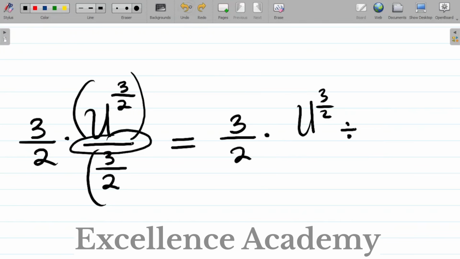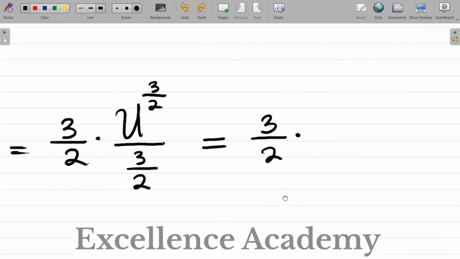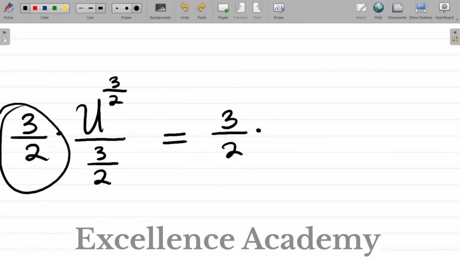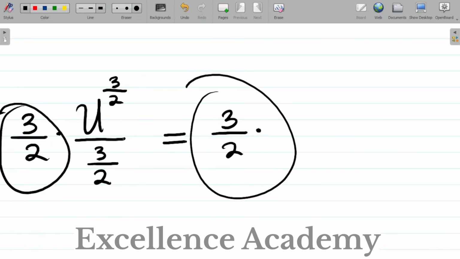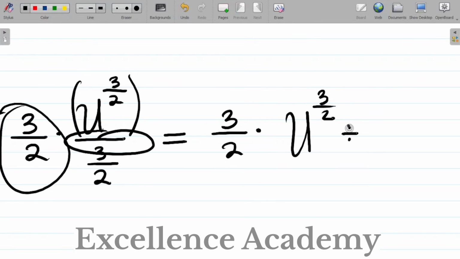Let me repeat this again. So watch this closely. Given this case here, how do you simplify this? First things first, 3 over 2, which we've written here, dot, which means multiplied by, u to power 3 over 2. There's a division sign here, so divided by 3 over 2.